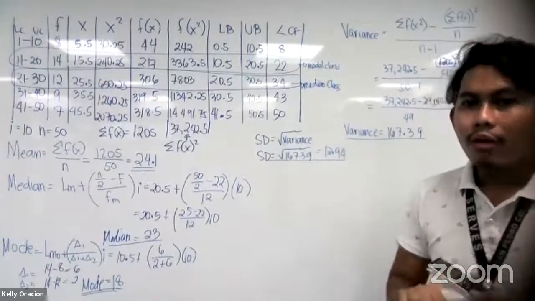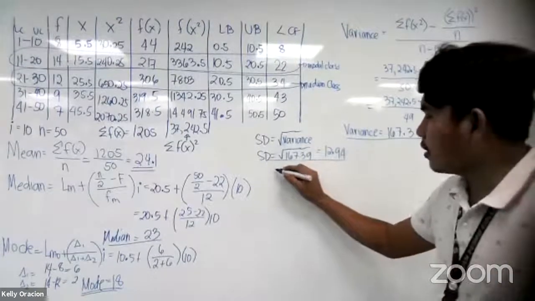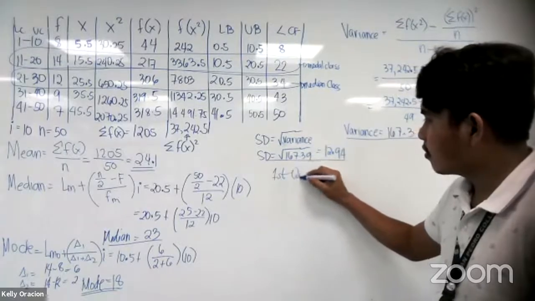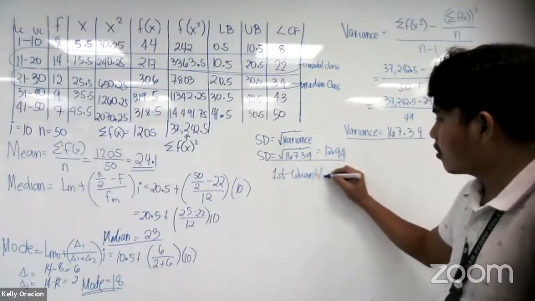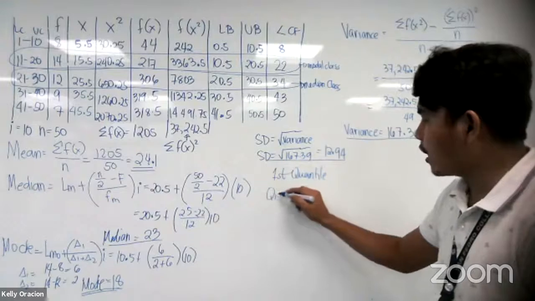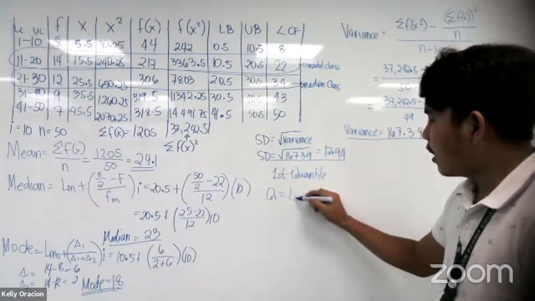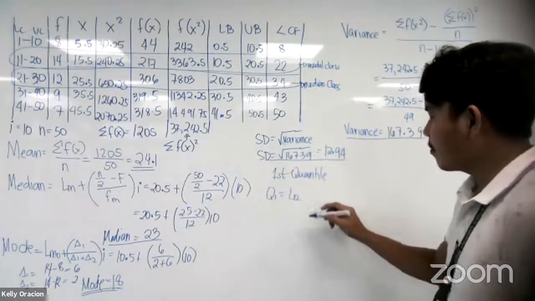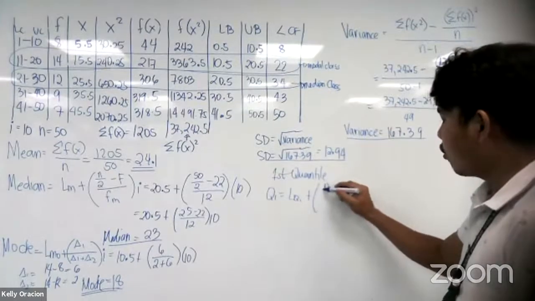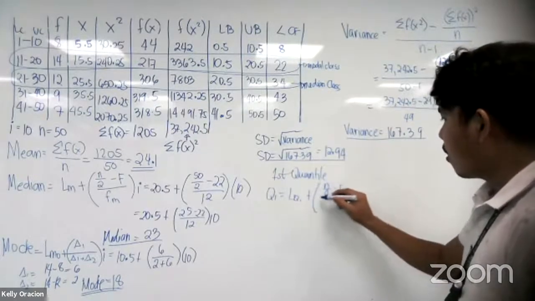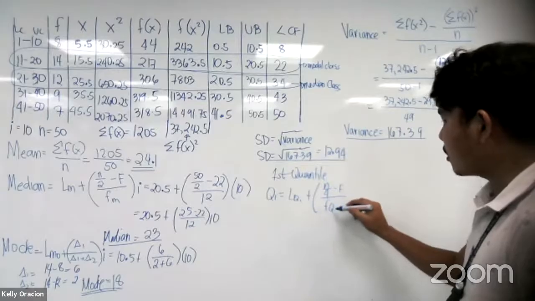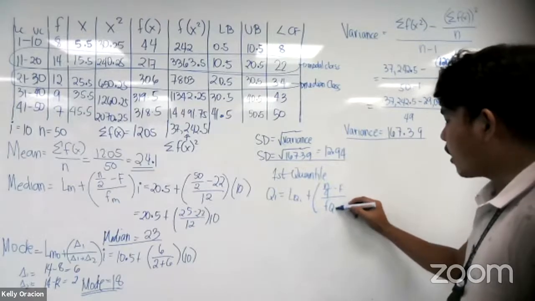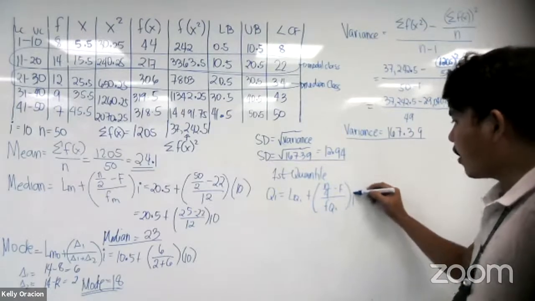Next, we are going to get the first quantile. The formula Q1 is equal to LQ1 plus N over 4 minus F over the frequency of the first quantile, then times the interval.